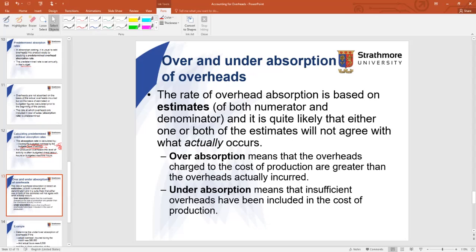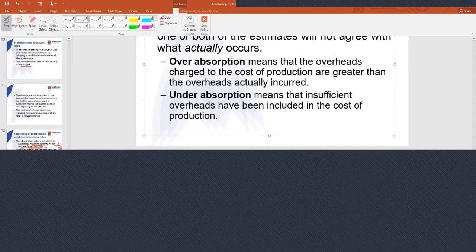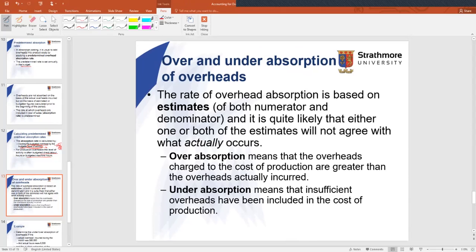If, for instance, the actual overhead for the production department was, let's say, 70,000, just an example, don't forget that what was actually absorbed was 61,494. This is what was absorbed in the product, but what was meant to be absorbed was 70,000.